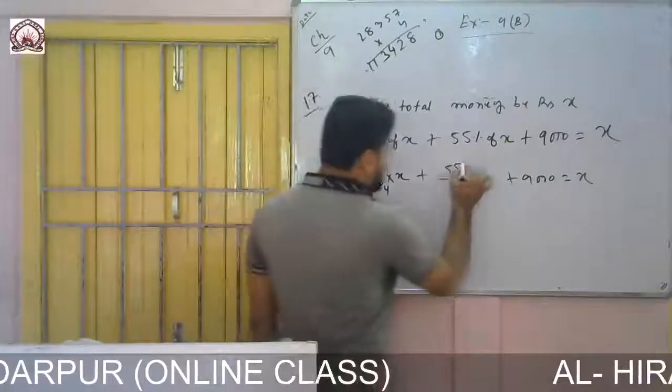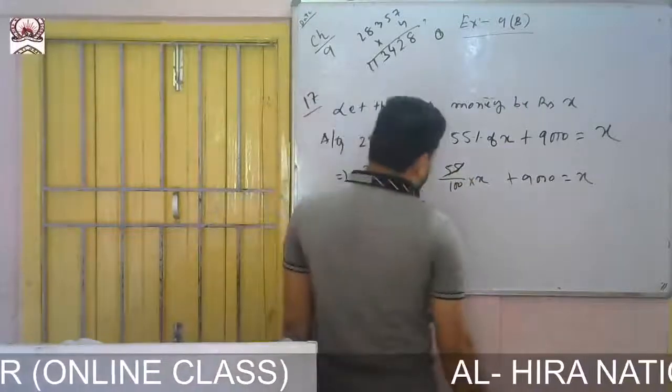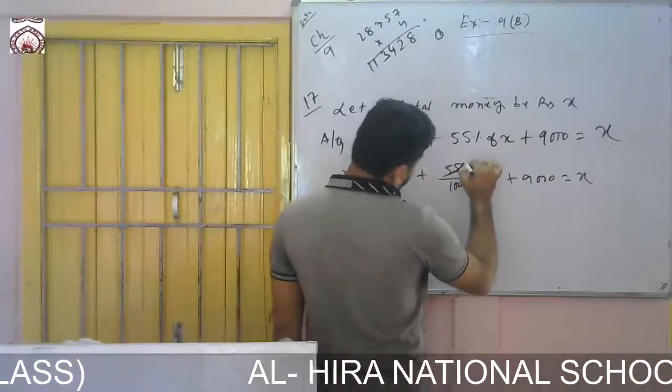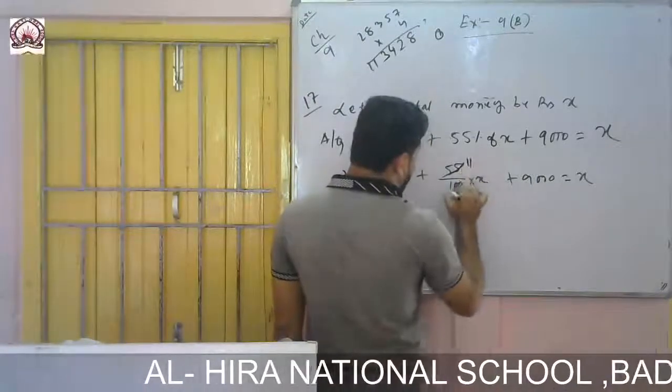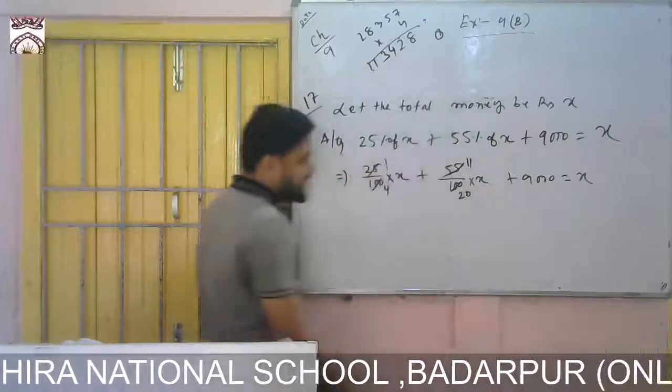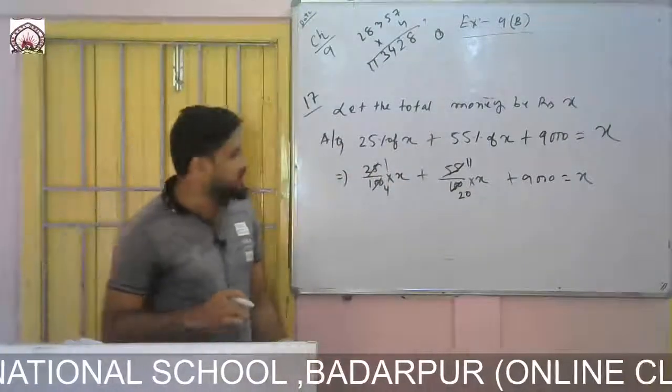So if we cancel this with 5, then 5 11s are 55 and 5 20s are 100. Okay.